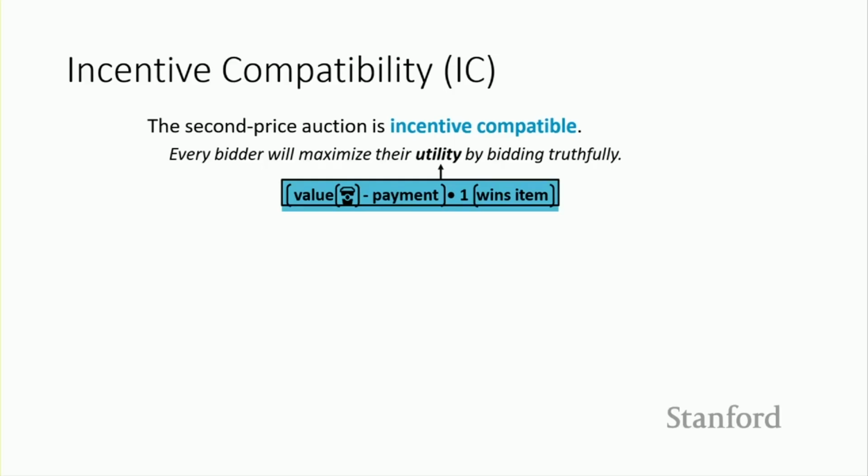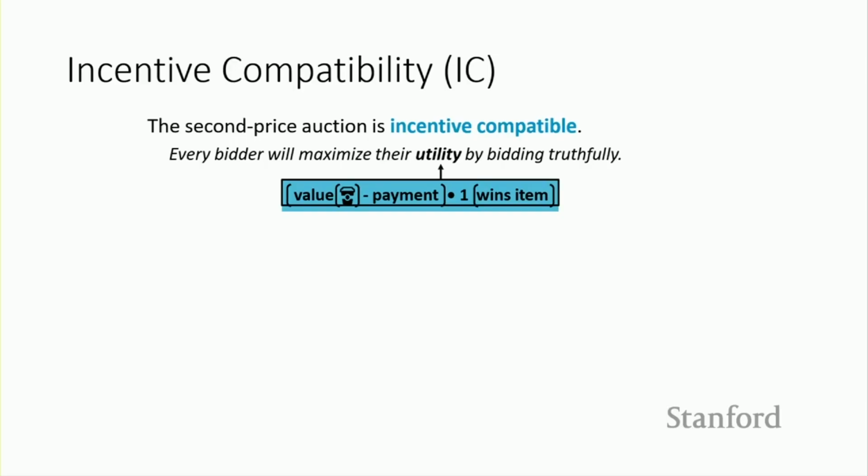So if I choose this as the auction mechanism, the bidders are incentivized to bid their true value and cannot do better by trying to be strategic and bidding something that's different from their true value.